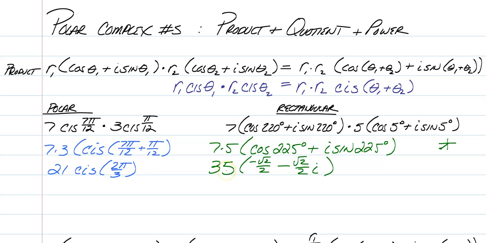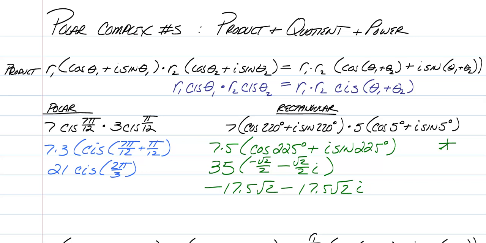And because we cannot divide that evenly, that would be like negative 17.5 root 2. Or you can write it as 35 root 2 over 2. It's the same. So negative 17.5 root 2 minus 17.5 root 2 i. That's it. Game over. Again, you could write that as 35 over 2.